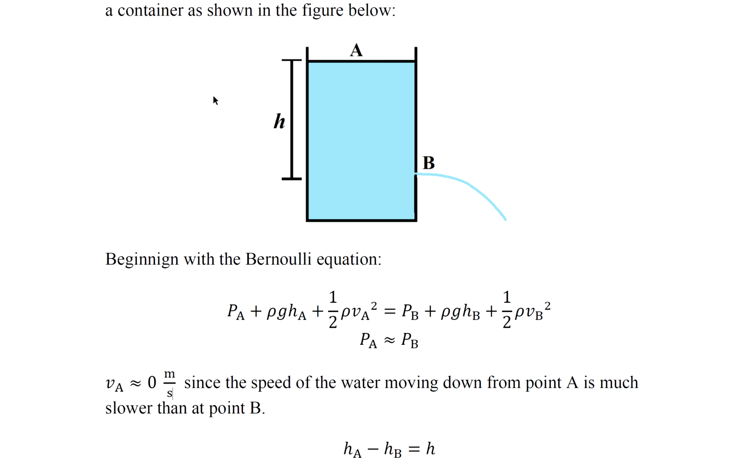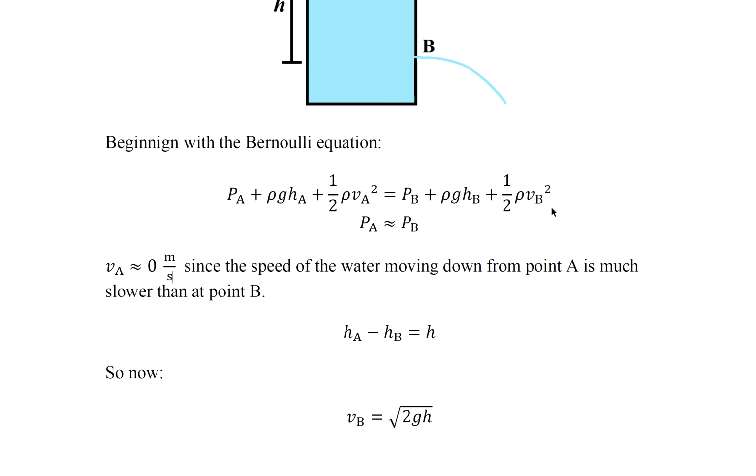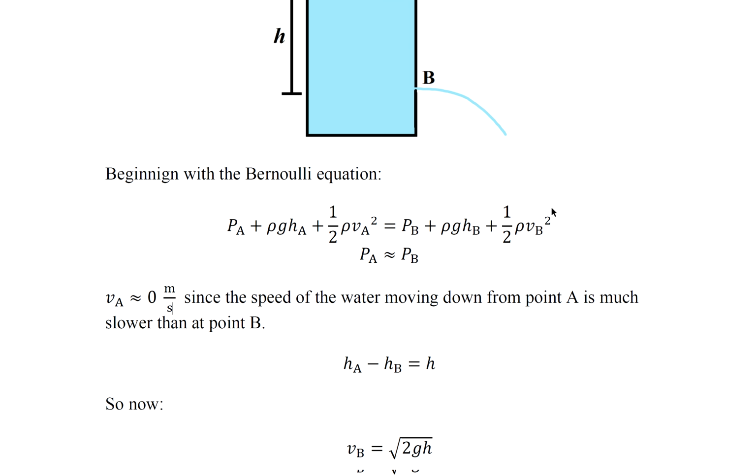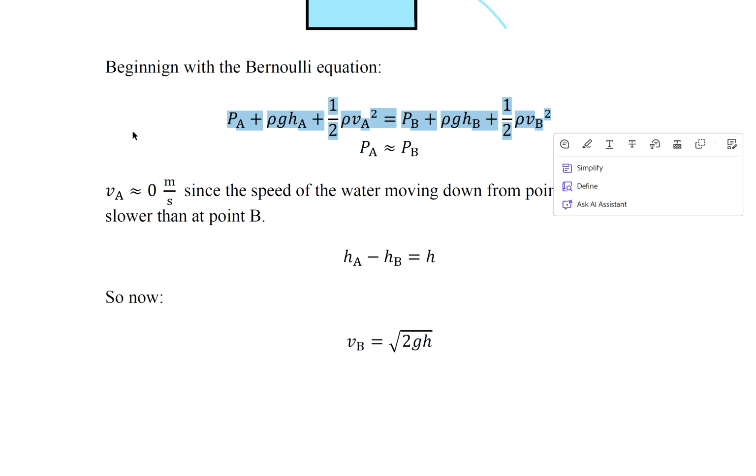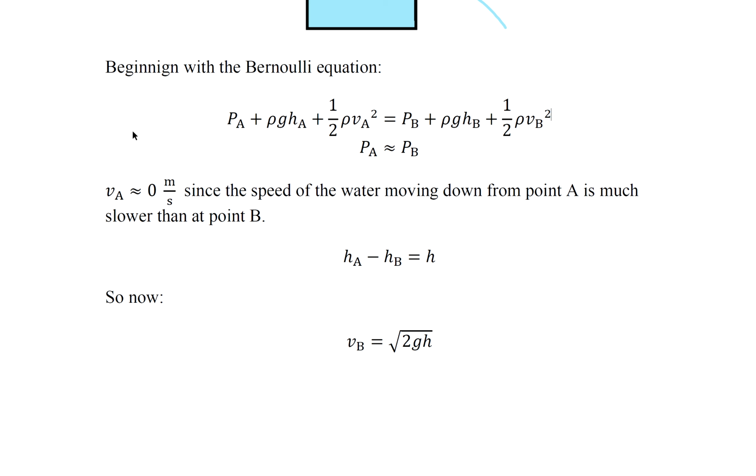V sub A is about 0, since this speed is going to go down much slower compared to B. And H sub A minus H sub B is equal to H. So if we put all of that into here, we could solve for V sub B, which is the square root of 2gH.